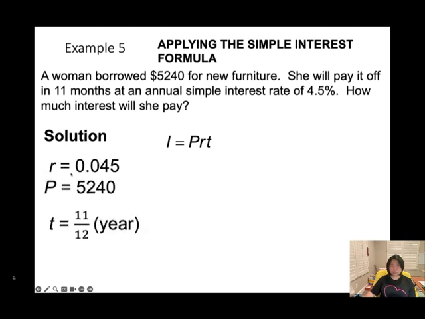Okay, one more time. Interest rate, that's 4.5%, so you're going to divide by 100 here. Principal, that will be your principal. The unit of time will be the year. So in 1 year, we have 12 months. So we're going to put 11 divided by 12 here. So plug it in.